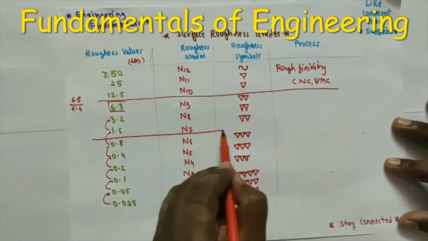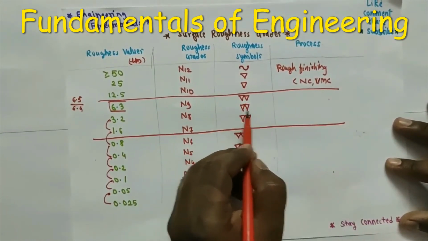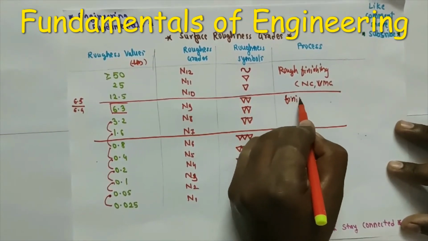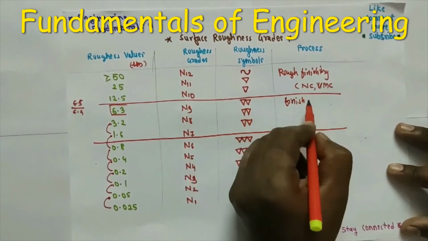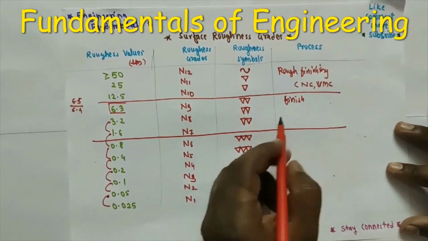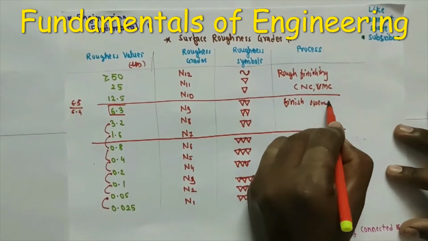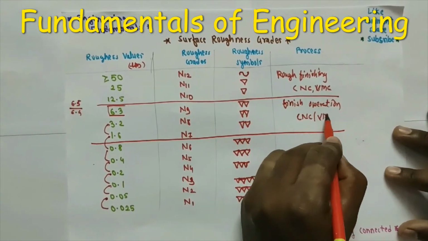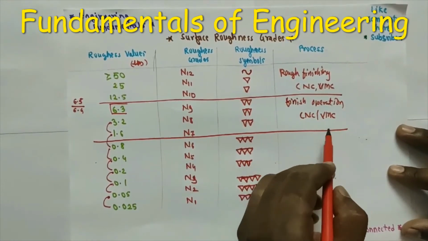Then these three are the finishing operations, which we get by using a CNC or VMC, or we can apply the grinding operation.